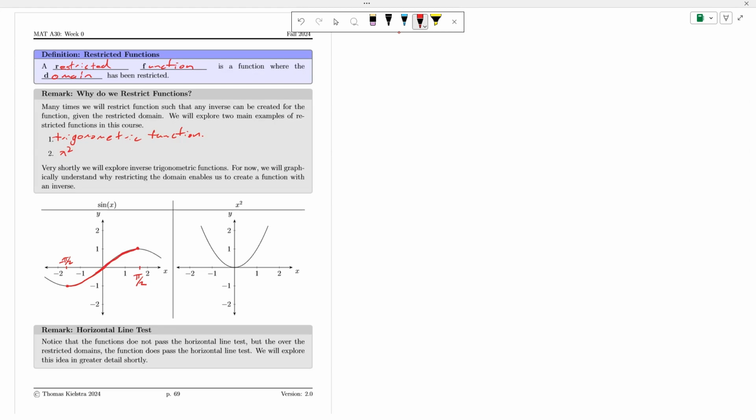So this portion of the sine curve does have an inverse. And if we look at x squared and we just take everything positive and 0, that portion also passes the horizontal line test. So these two functions with the restricted domains do have an inverse. And we will explore that in greater detail shortly. And if you're taking A30, we will probably explore this within the first week of the course.